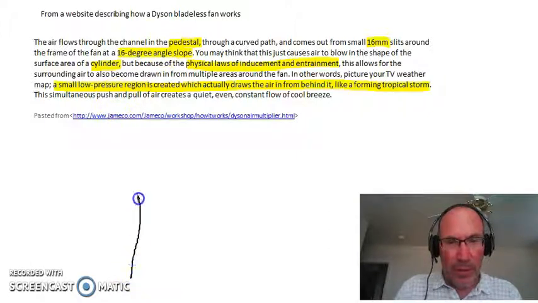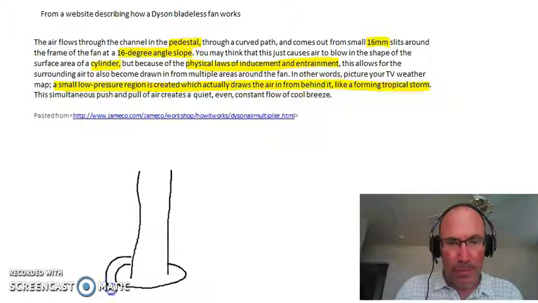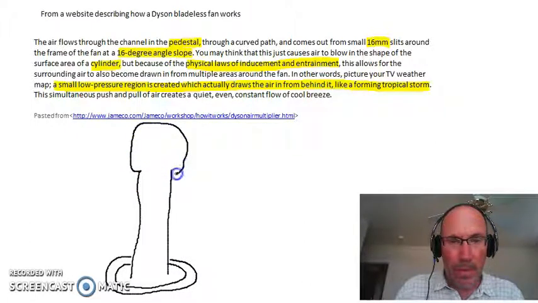All right, so we're going to draw. We've got our channel here. We have a pedestal that the fan's going to sit on. And rather than having a blade, we've got this open area here.